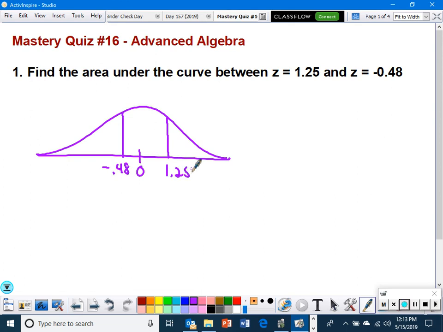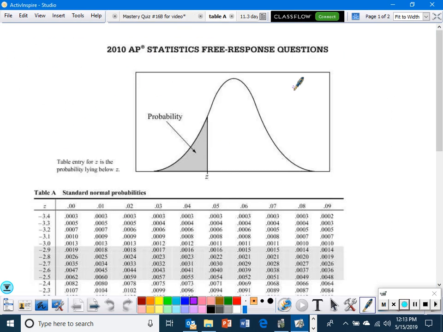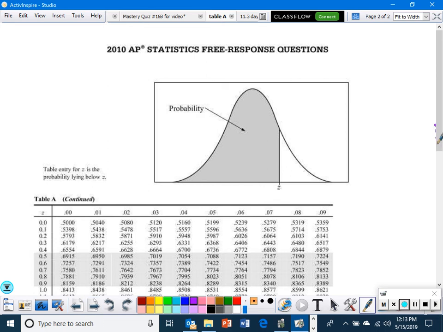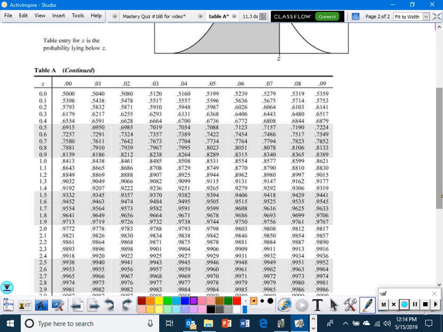And I want to find the area between those two. To find the area between those two, I'm going to look up the higher z-score first, the 1.25. Go to the positive side of your table. So 1.25: 0.8944.